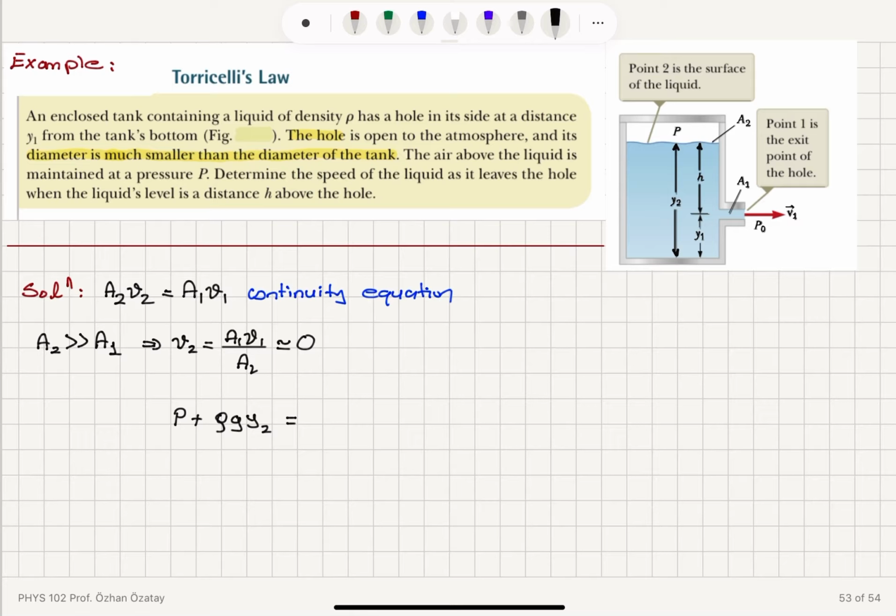This must be equal to the pressure at point 1, which is atmospheric pressure, plus the potential energy term rho g y1, plus the kinetic energy term 1/2 rho v1 squared. So we have written Bernoulli's equation for this setup.